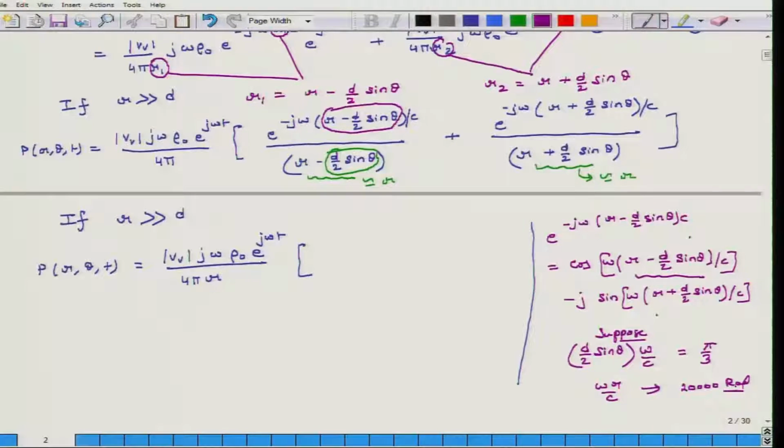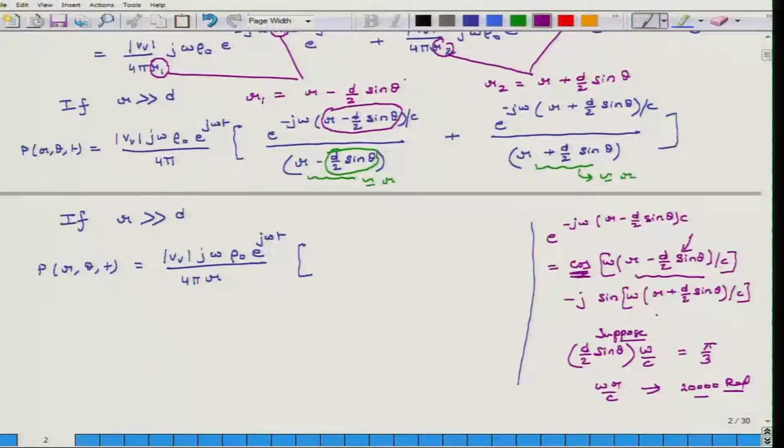But then an addition of pi over 3 will cause a significant change in the cosine of this angle. If this number is pi over 2, then small changes in d over 2 sine theta times omega over c can cause significant changes in the cosine and sine of this angle.